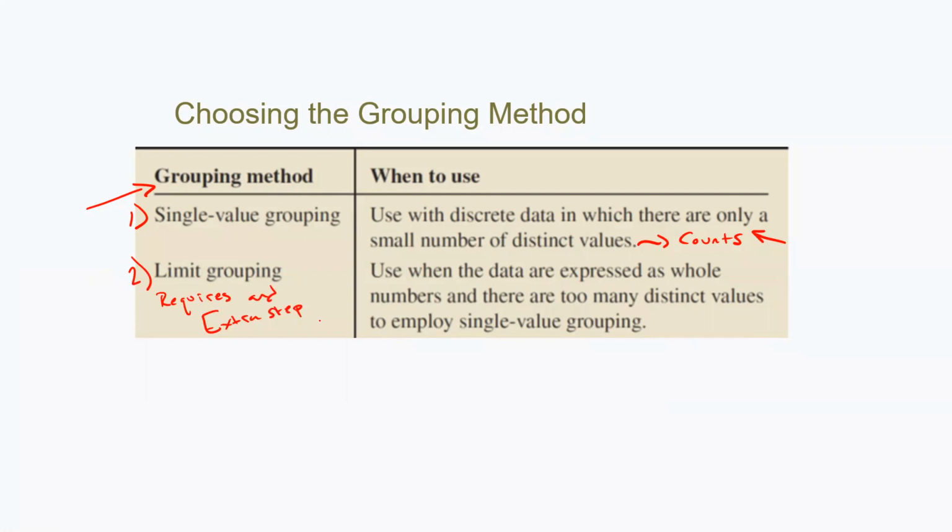You use it when the data are expressed as whole numbers and there are too many distinct values to employ single value grouping, and generally we'll do this when we have continuous data. Even though this says it works for whole numbers, it can actually work for all real numbers, so it works with data with decimals too.